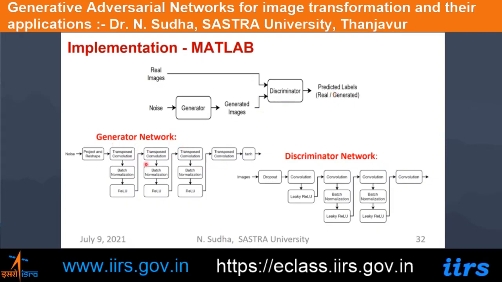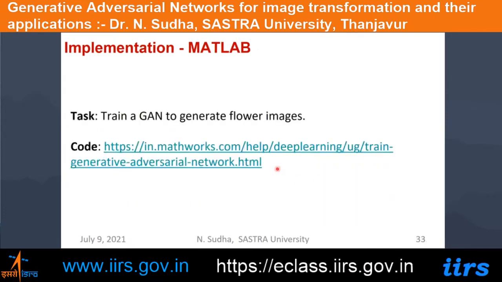Both the discriminator and the generator networks are 3-layer convolutional networks only, with convolution, batch normalization, and ReLU layers. The implementation is available here. If I share the slides, you can easily check the code, and if time permits, we can take a walkthrough of the code.